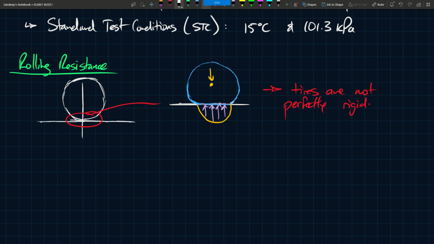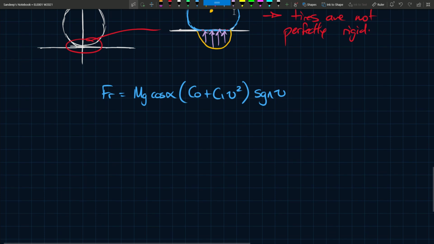Mathematically, you can model this FR as mg cos alpha (C0 + C1 V squared), and again, we use the sign of V. We haven't defined these things yet, but there are a couple of these parameters.